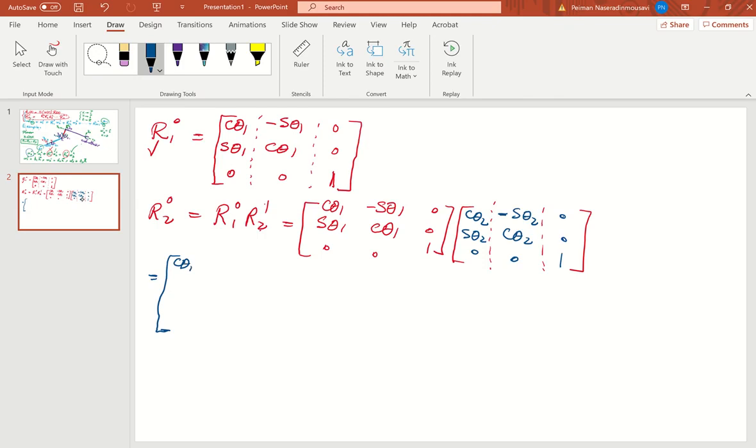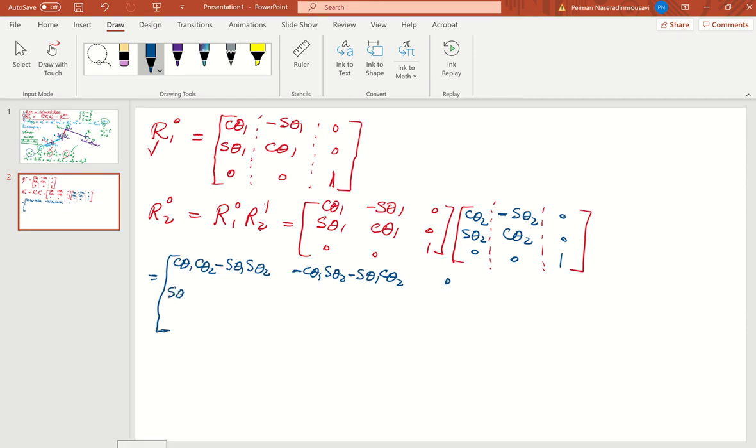Cosine theta 1 cosine theta 2 minus sine theta 1 sine theta 2, and 0, 0. Now here, minus cosine theta 1 sine theta 2 minus sine theta 1 cosine theta 2, 0, 0, 0, 0. You are going to have a 0 here.